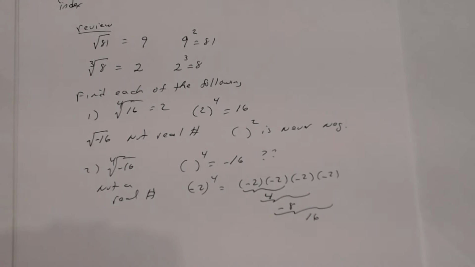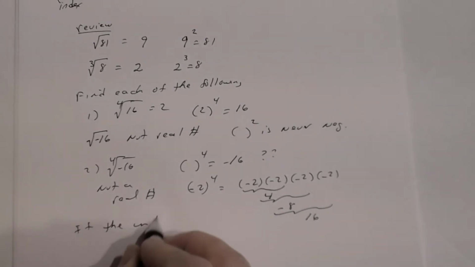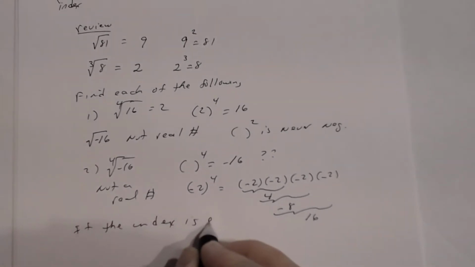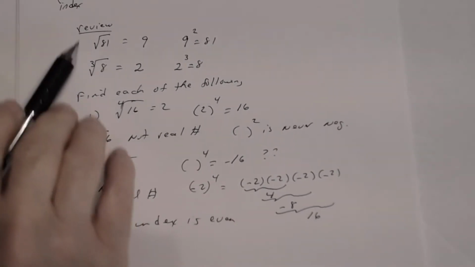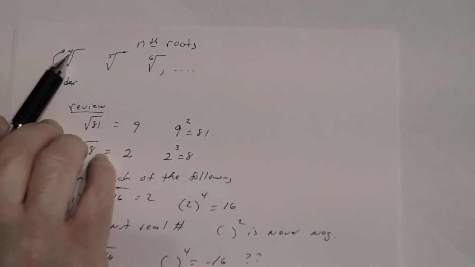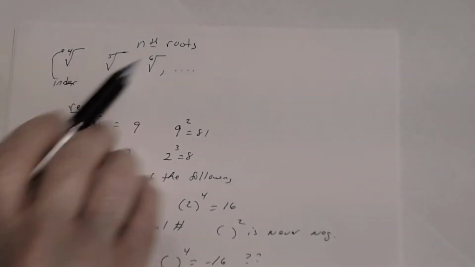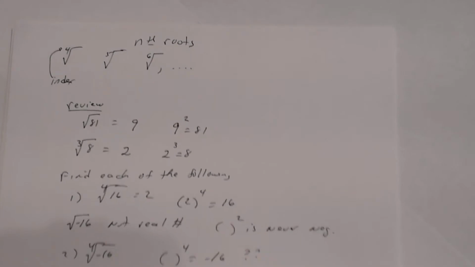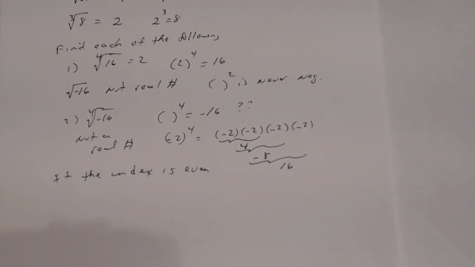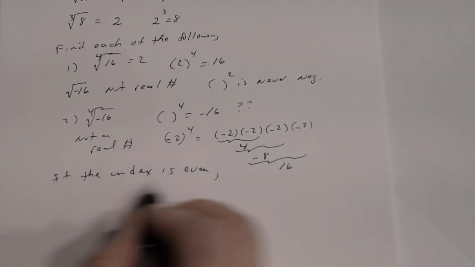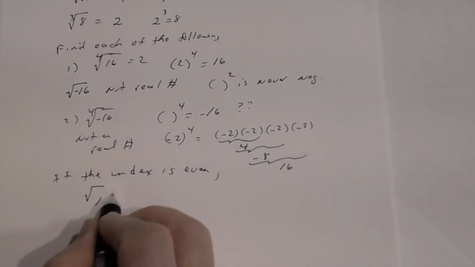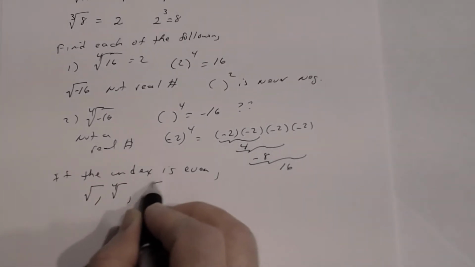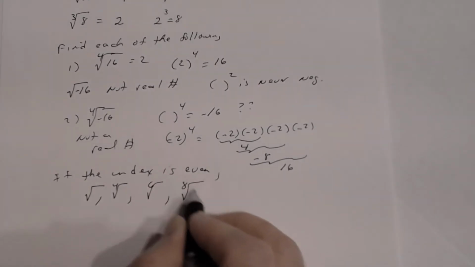So we can probably generalize and say that if the index is even, remember the index, that's this number here, 4th root, 5th root, 6th root, 7th root, and so on. When I say the index is even, I mean square root, 4th root, 6th root, 8th root, and so on.